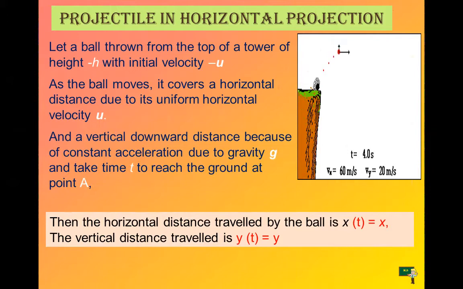As the ball moves, it covers a horizontal distance due to its uniform horizontal velocity u, and a vertical downward distance because of the constant acceleration due to gravity, which I mentioned earlier, and takes time t to reach the ground at the point A. So the horizontal distance travelled by the ball in time t is x, and the vertical distance travelled by the ball in time t is y.